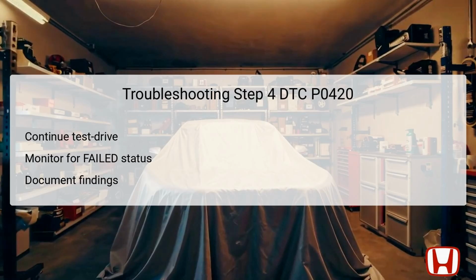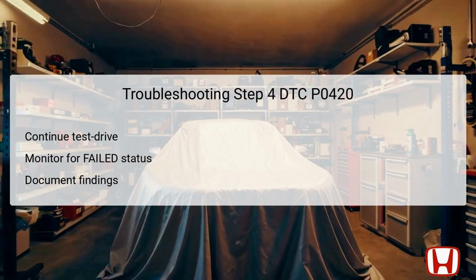As the technician continues to drive under the previously established conditions, the HDS must be monitoring for a status update regarding DTC P0420. If the OBD status indicates failed, this result requires immediate attention and signifies that the problem persists, necessitating further investigation or replacement of components.